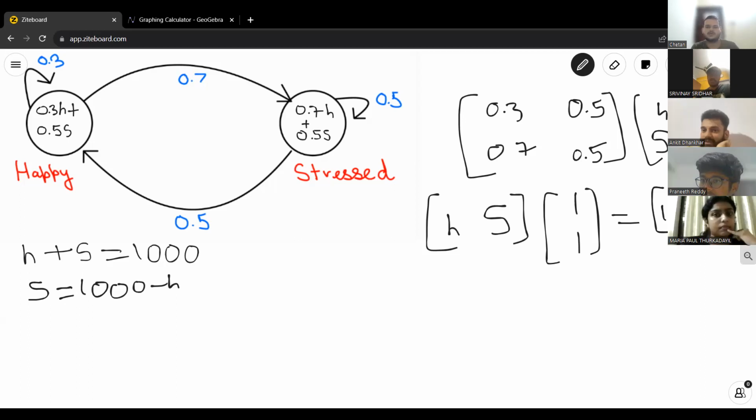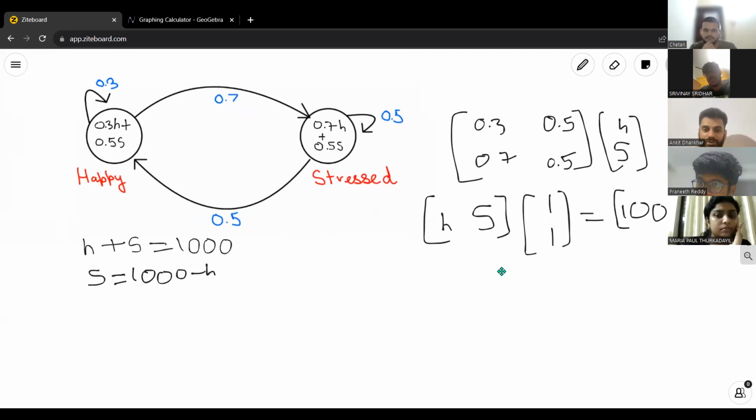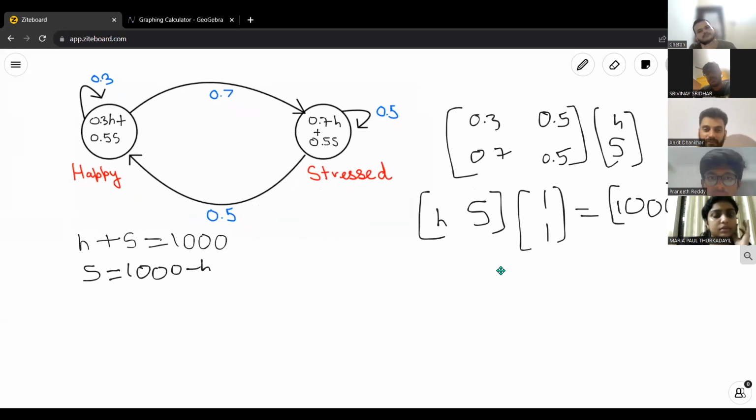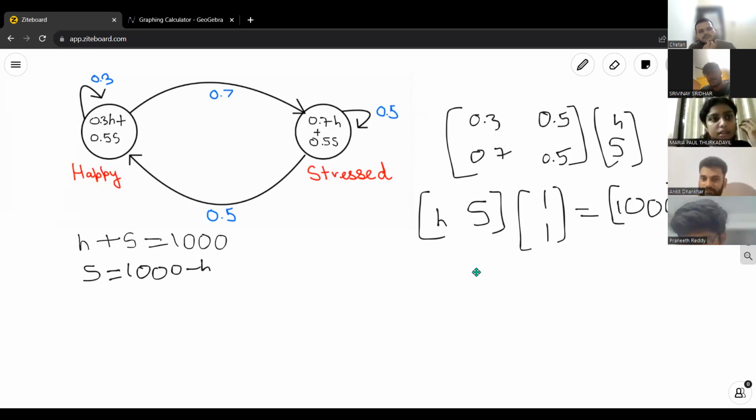So this is equal to the 0.3, 0.7 matrix multiplied with h s, right? So can we write this on the right hand side? Yes, I think we can. So now the question is how we can accommodate A somehow.